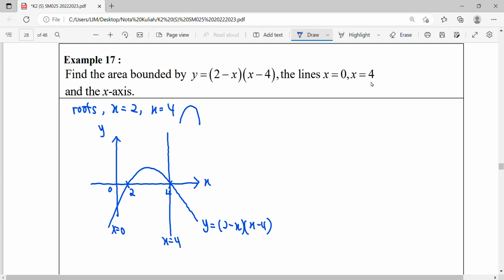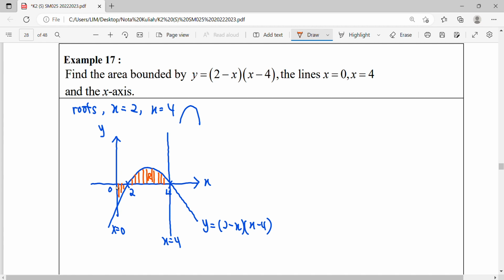So you can see our region is in the interval x equals 0 until x equals 4, bounded by the curve and the x-axis. This region is attached to the x-axis. So this is the region that we want to find.